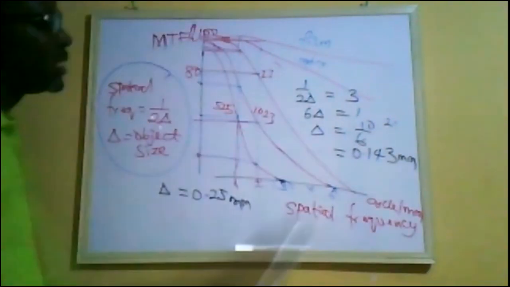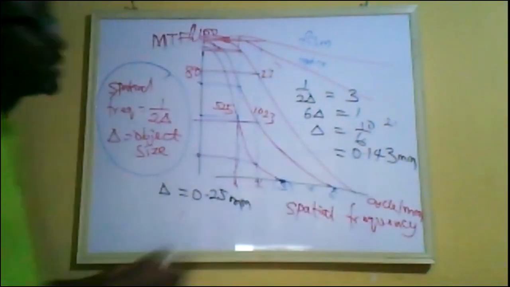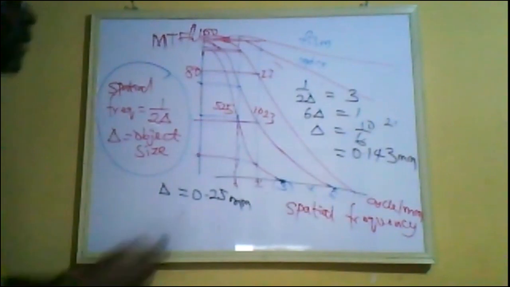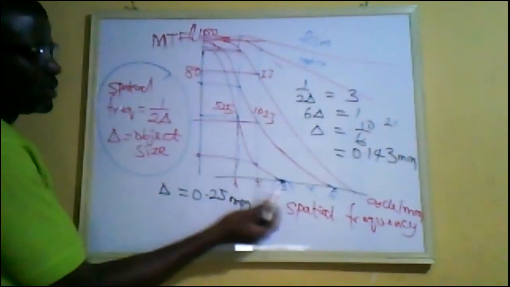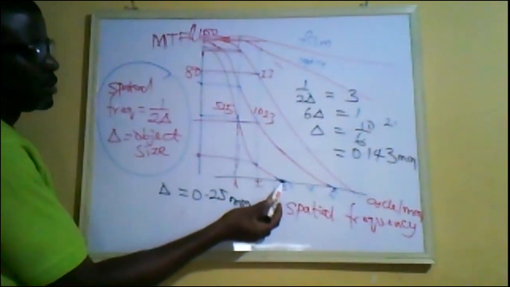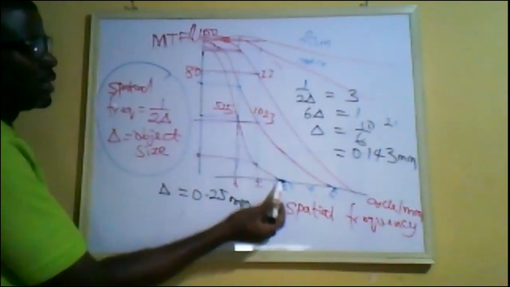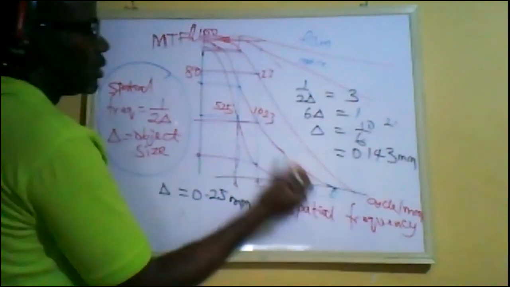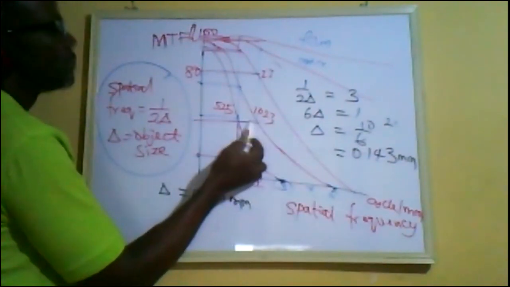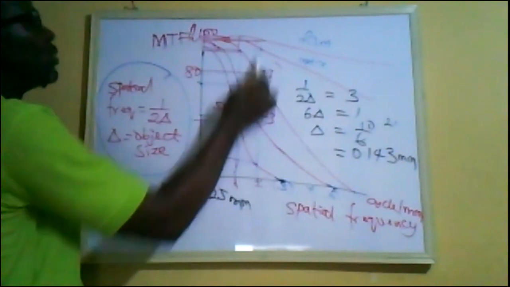So if an object is less than 0.14 millimeter, a TV line system like the 525 won't be able to resolve it. Likewise, this one will be able to resolve it very well, this one excellently well.